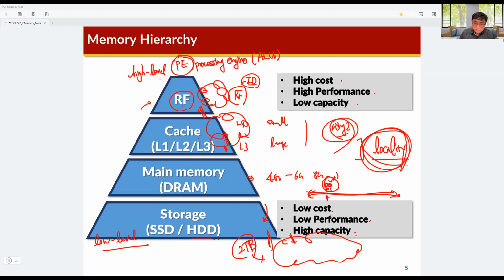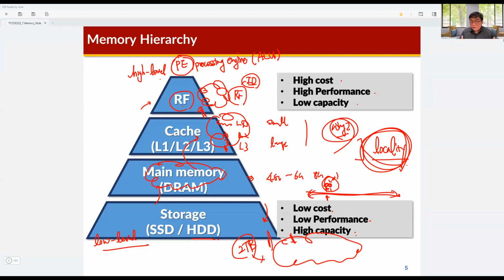Only required data is transferred to the main memory, and then part of the data is transferred to the cache, the higher level memory. If this data is stored in the cache, it will be frequently referenced again and again. That is the locality.